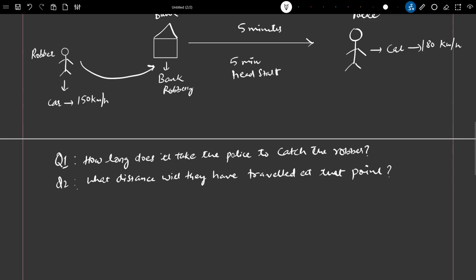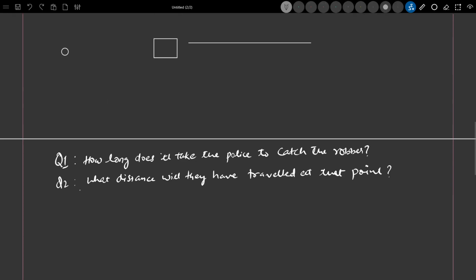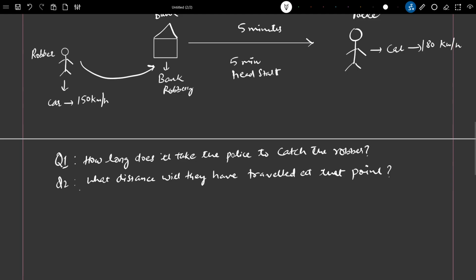So, before moving on and solving these questions, for simplicity, let's ignore all the acceleration, traffic, and any other constraint. We just assume that the moment the bank robbery is done, the robber starts running at a constant speed in a straight road. We want to understand how to solve this.